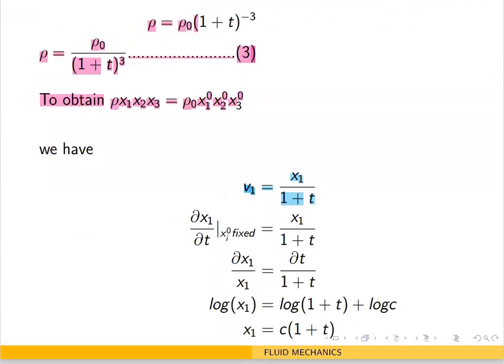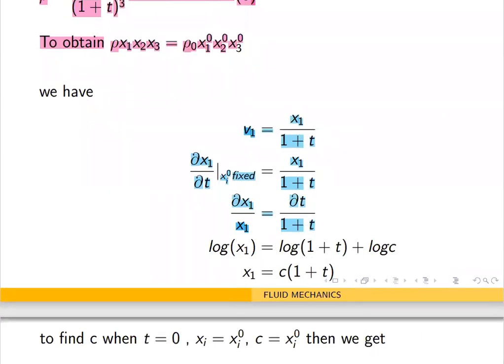LHS V1 is nothing but dou x1 by dou t, the material form we are writing. So xi naught is fixed. We have taken velocity in the material form. So xi naught is fixed. Equal to x1 by 1 plus t. Now separating the variables. So dou x1 by x1 equal to dou t by 1 plus t.